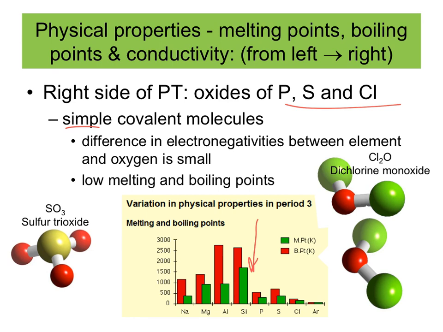With these covalent bonds, you're going to have a smaller difference in electronegativity, less than 2. And so when you have less difference in electronegativity, that bond is weaker, and so you're going to get lower melting and boiling points. They're also going to be incapable of conducting electricity because they don't break up into ions in water.